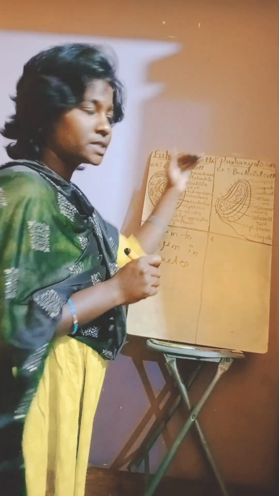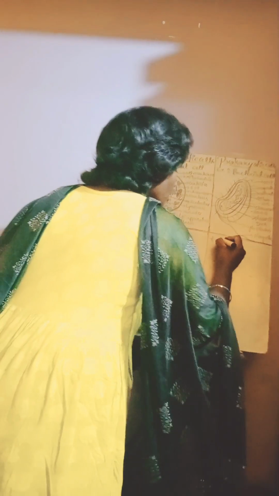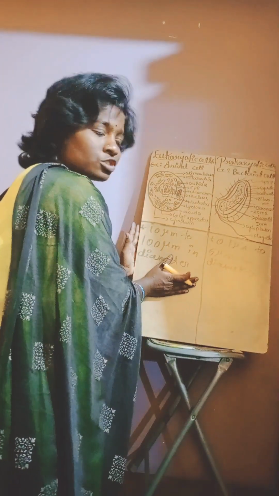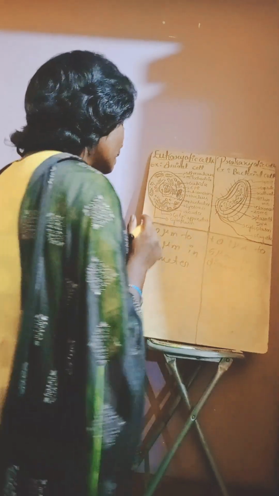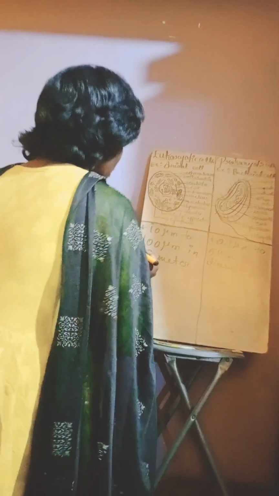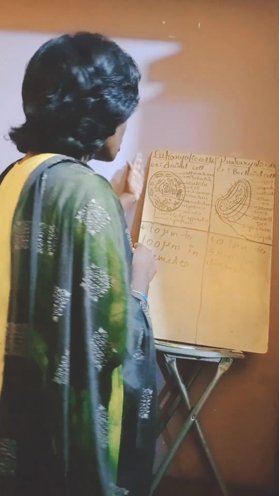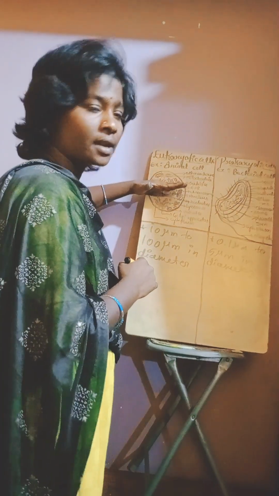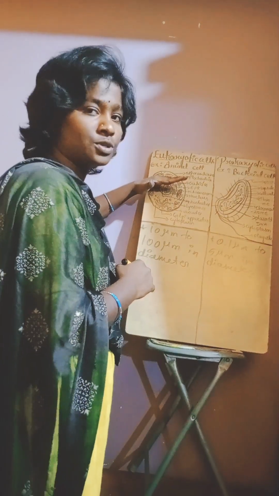Whereas in case of prokaryotic cells, all the prokaryotic cells measure from 0.1 micrometers to 5 micrometers in diameter. So by comparing these, eukaryotic cells are quite larger than prokaryotic cells. And we can also observe the presence of capsule in the prokaryotic cells. Here we can observe absence of capsule, right?